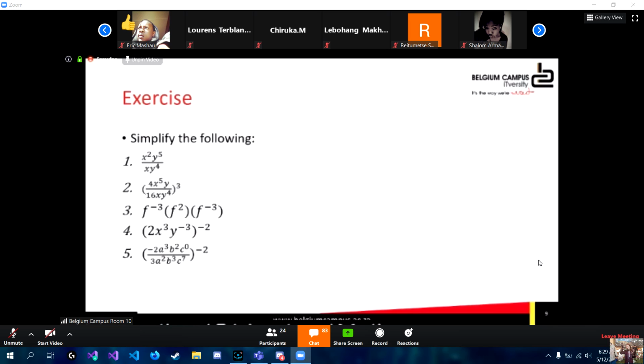X to the power of 4 times 3, you're just multiplying out the powers. That's where the 12 is coming from, x to the power of 12. Then for y, minus 3 times 3 is minus 9. And your 1/4 to the power of 3 means 1/4 times 1/4 times 1/4, which is 1 over 64.